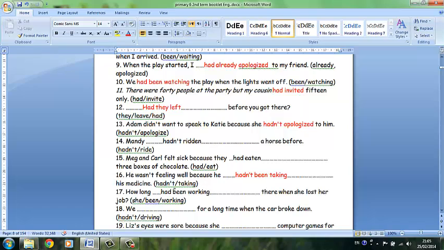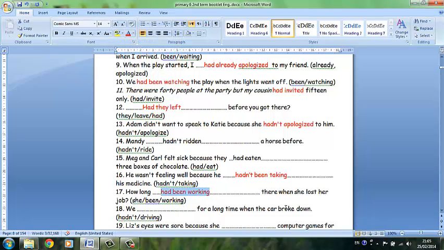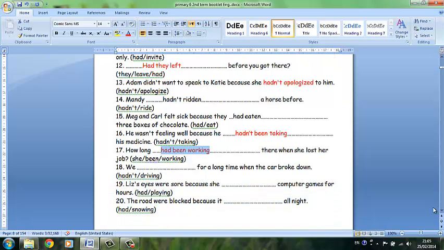How long had she been working? Very good. Okay, number 18. We hadn't been driving for a long time when the car broke down. So we are going to say hadn't been driving. Very good.